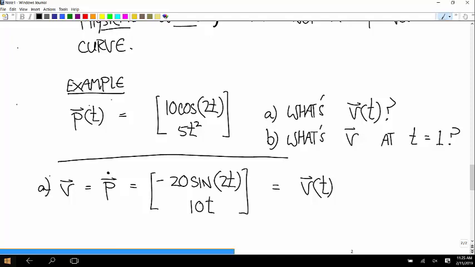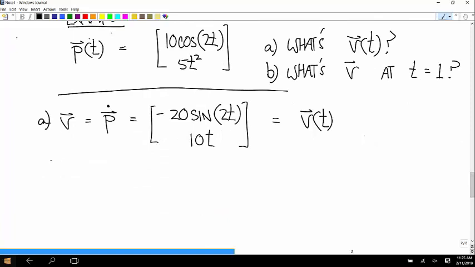Just take the individual derivatives of the components. And then second, we want to know what's the velocity when time is equal to 1. So just plug 1 in for these two things in the velocity function, and you get that the velocity when time is equal to 1 is negative 20 times the sine of 2, and 10.